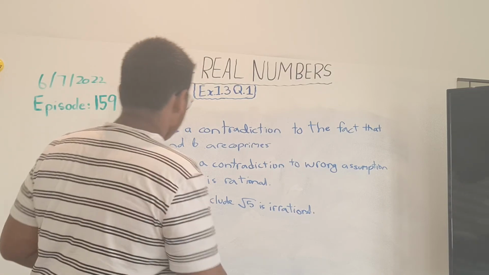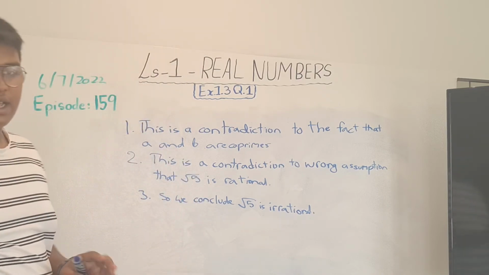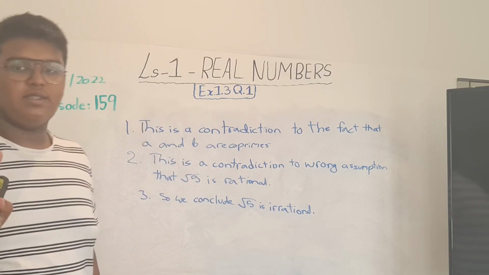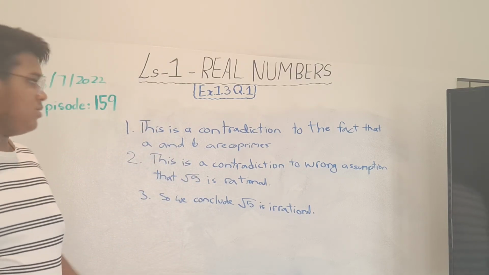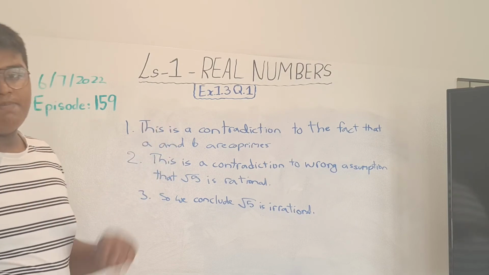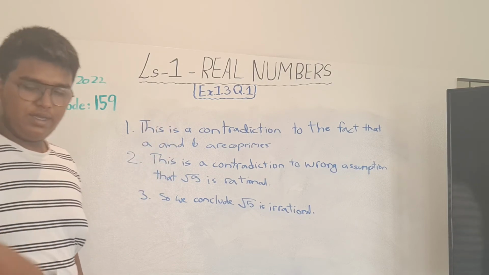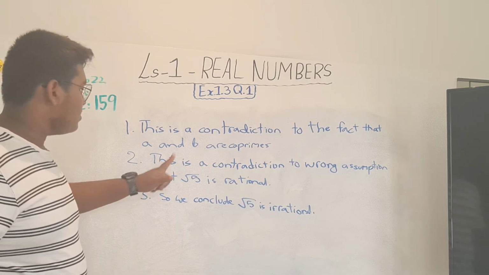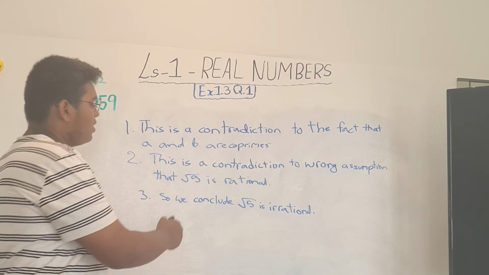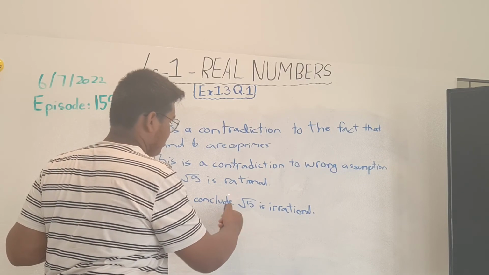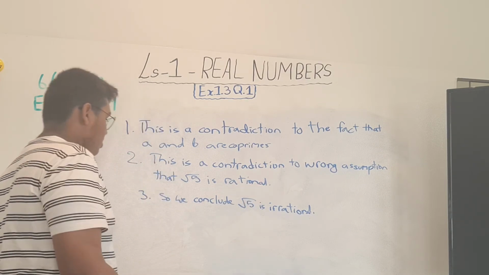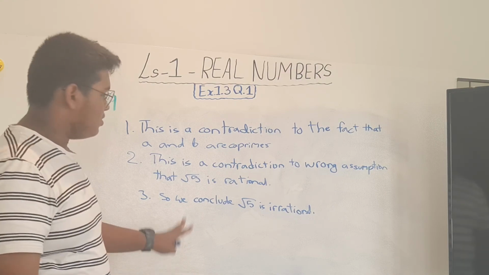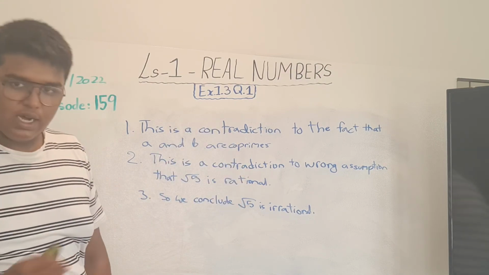Co-primes do not have any common factor, so how can 5 be a factor of both a and b? That is wrong. So this is a contradiction to our wrong assumption that root 5 is rational. So we conclude that root 5 is irrational. This is the conclusion for the answer.